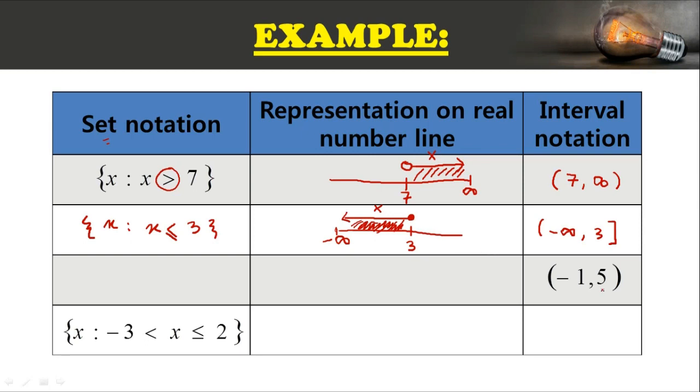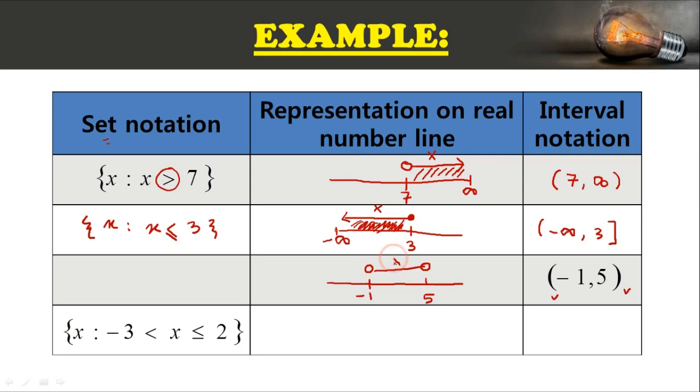Okay, next we have negative 1 until 5 open. So first, for me, I will write the number line first. So we have negative 1 and then 5. Since the bracket for negative 1 is open, our circle is an empty circle. And then for 5 also open. That means also an empty circle. And then since negative 1 until 5, we just connect the empty dots.